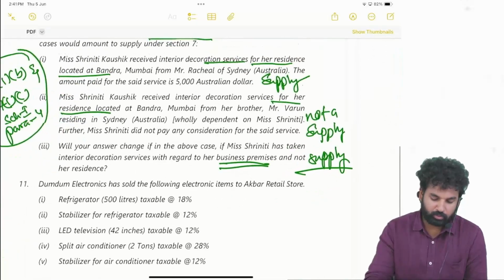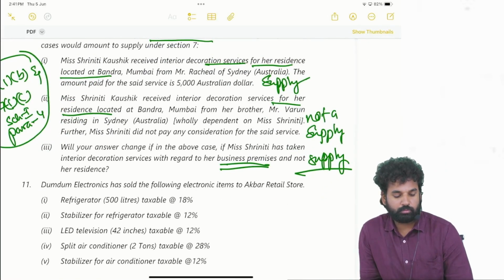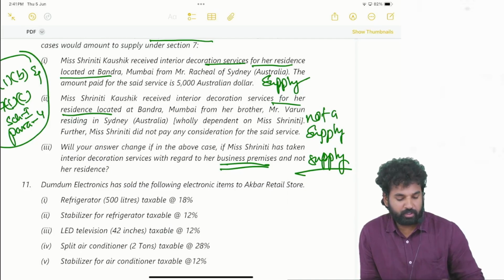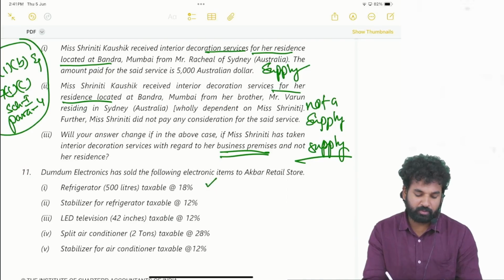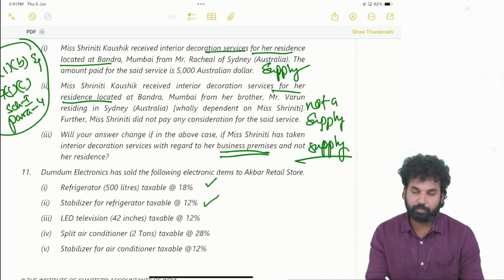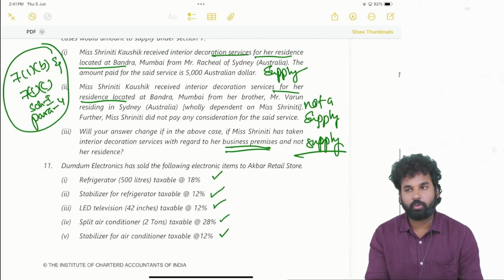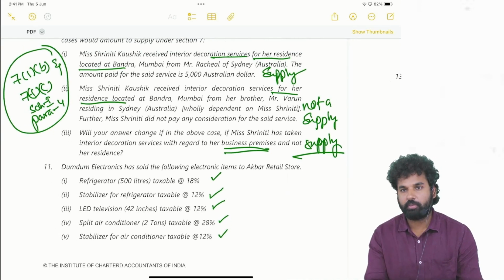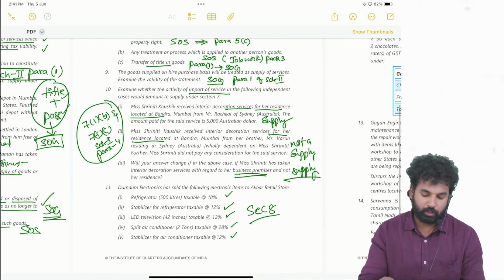Dum Electronics has sold the following electronic items to Akbar retail store. Refrigerator 500 liters taxable at 18%, stabilizer for the refrigerator taxable at 12%, LED television 42 inches taxable at 12%, split air conditioner 2 tons taxable at 28%, stabilizer for the air conditioner taxable at 12%. So the question is regarding composite and mixed supply, Section 8. Okay, right.